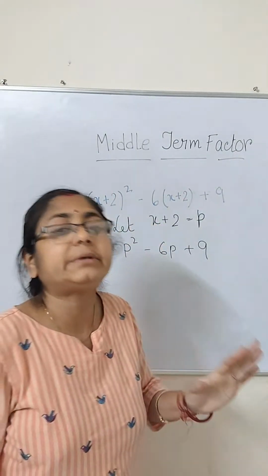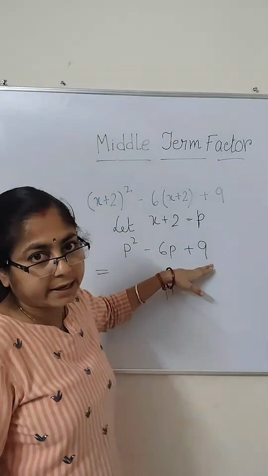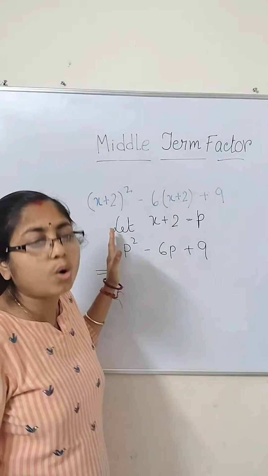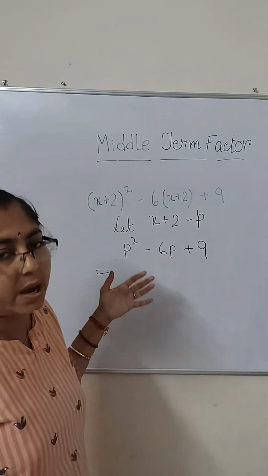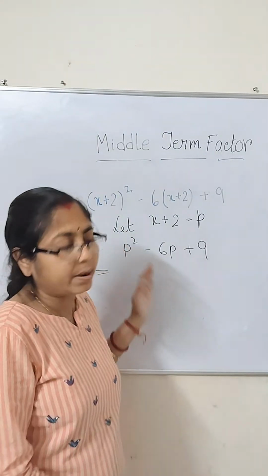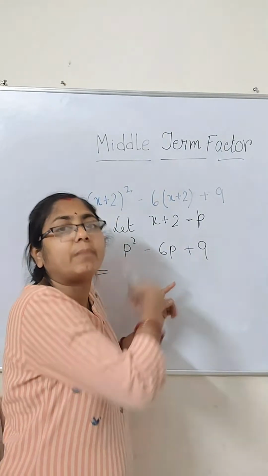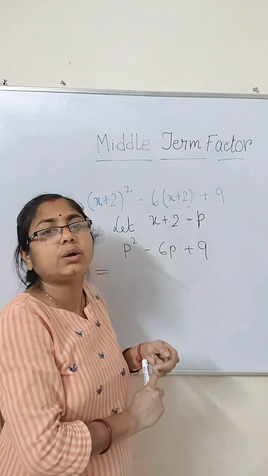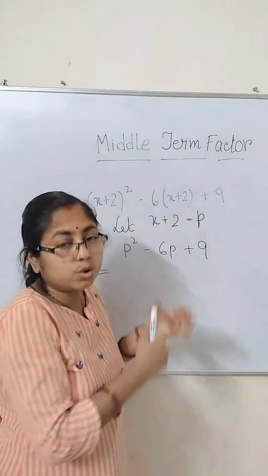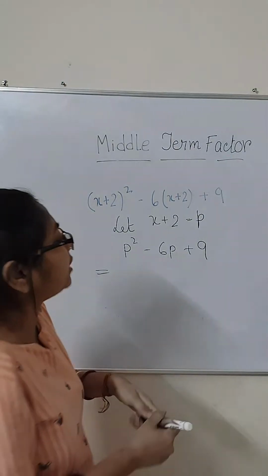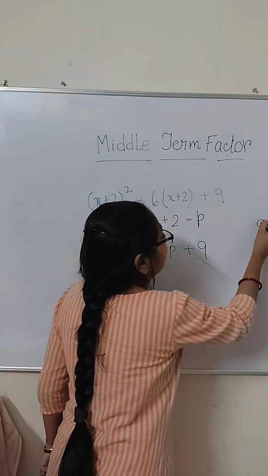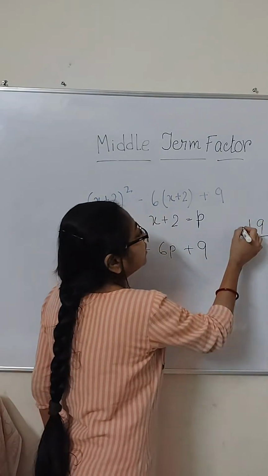There is a 9 and look, there is no number before p square. If there is a number, you multiply it and then you use the prime factorization method. But there is 1, so I do 1 into 9, means 9. Now prime factorization method starts.